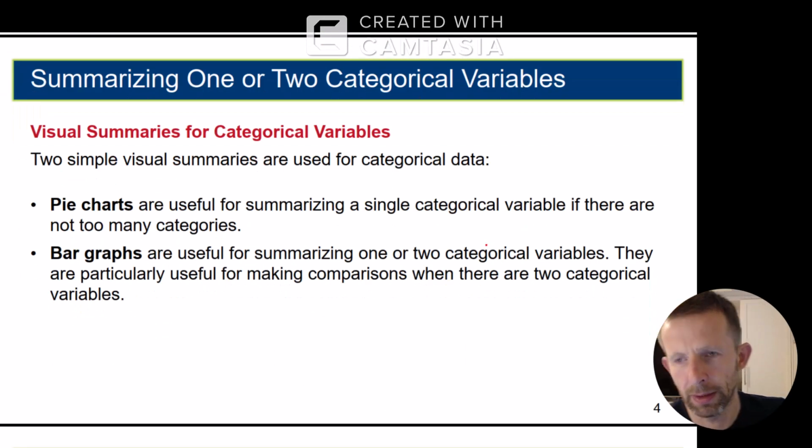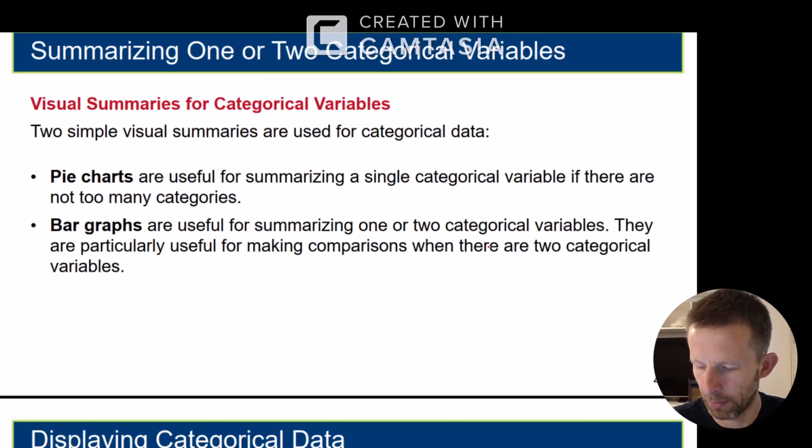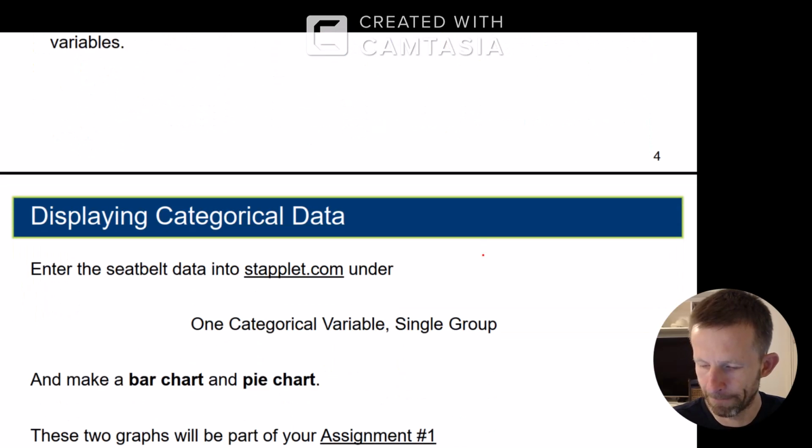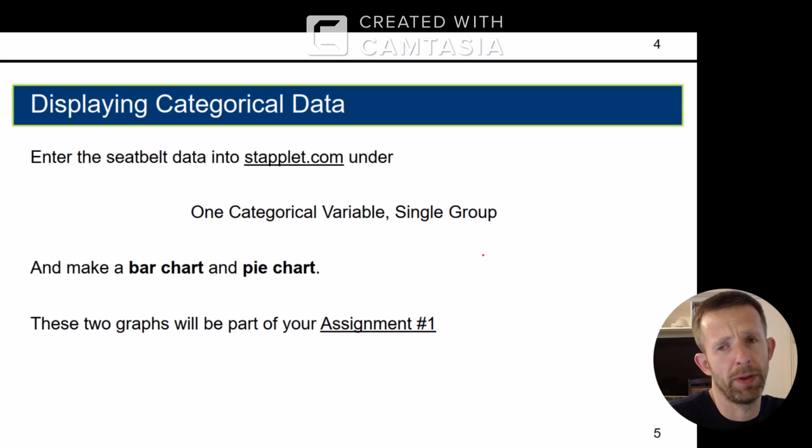When we have tabular data like this, we want to get some sort of a visual. So we can look at a pie chart or a bar graph. So we're actually going to enter the seatbelt data into Stapplet.com under one categorical variable, a single group. This is one of the apps that you will work with this semester.